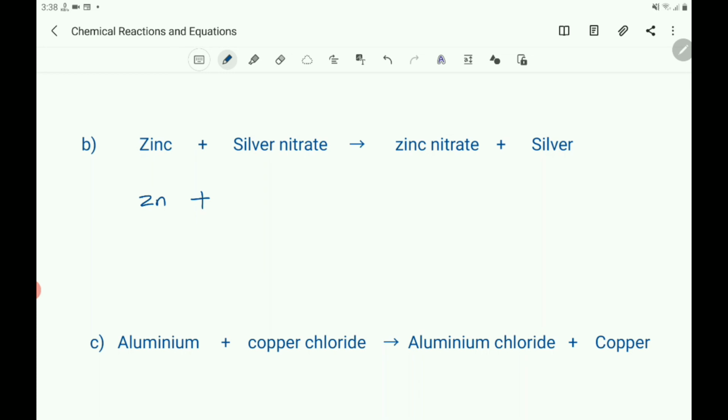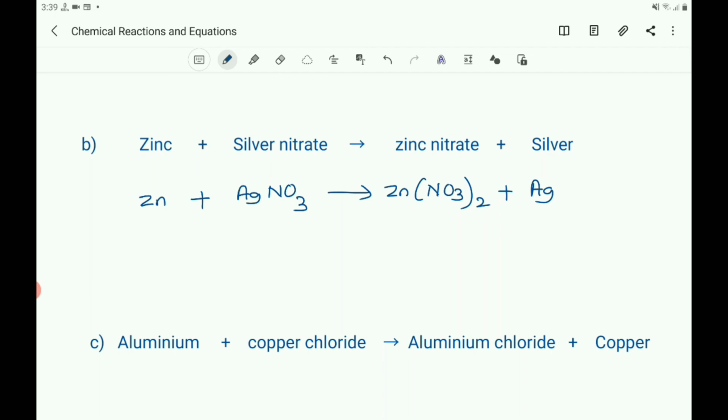Its molecular formula is AgNO3. AgNO3 gives zinc nitrate, that is Zn(NO3)2, plus silver. Silver is an element. Its symbol is Ag.